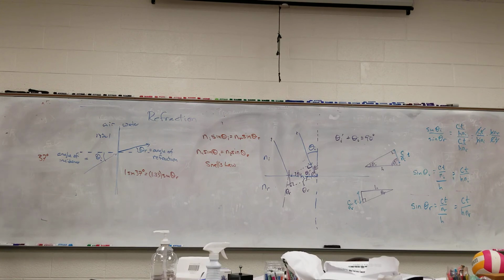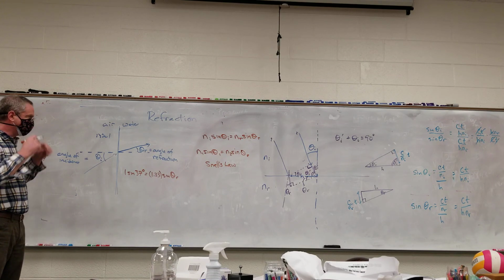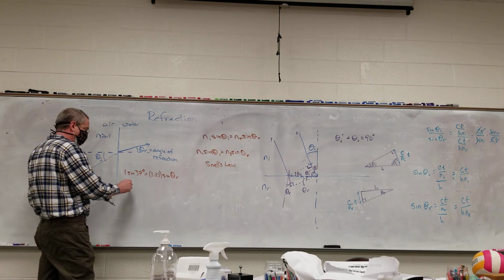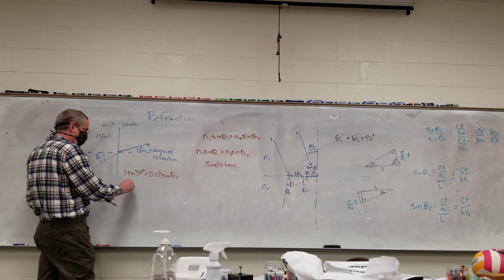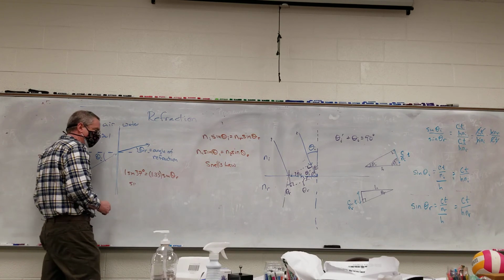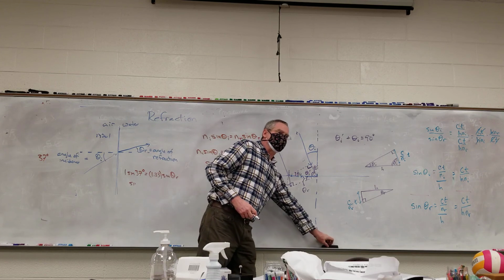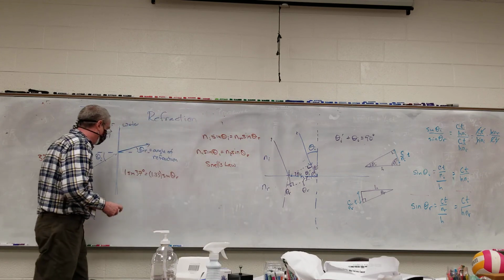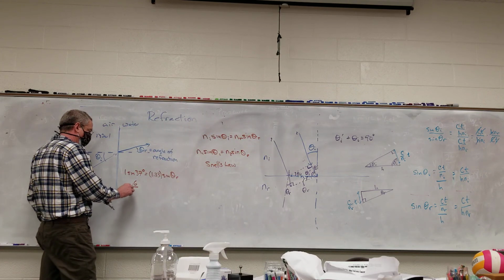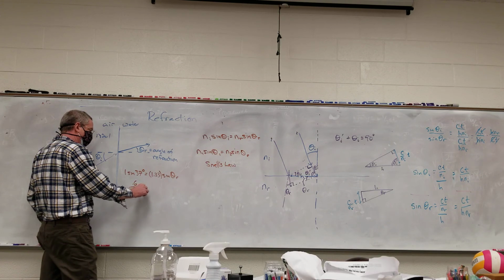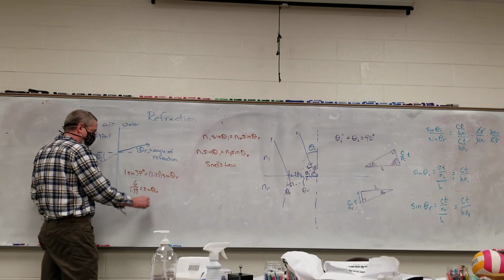You're not expected to have them memorized, but short-term memory probably would help. Sine of 37 degrees is about 0.6, over 1.33 is the sine of theta r.